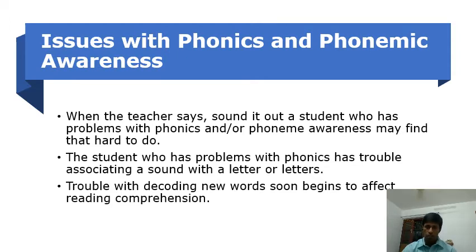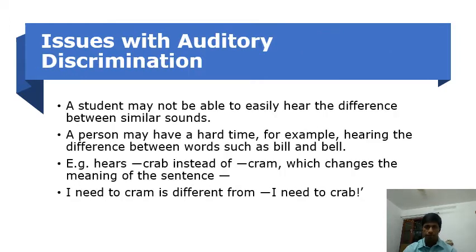It may be very difficult for them to identify the sounds corresponding to the letters or letter combinations. Trouble with decoding new words soon begins to affect reading comprehension. So these decoding skills may affect the learning process of new words, which will affect their reading comprehension.